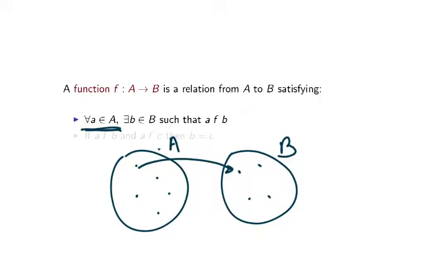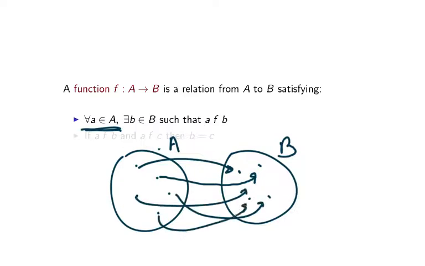So this relates to that, this relates to whatever, but what it is saying is that all of them, all the elements, should have an arrow of which they are the source. All of them should have an arrow that starts there.